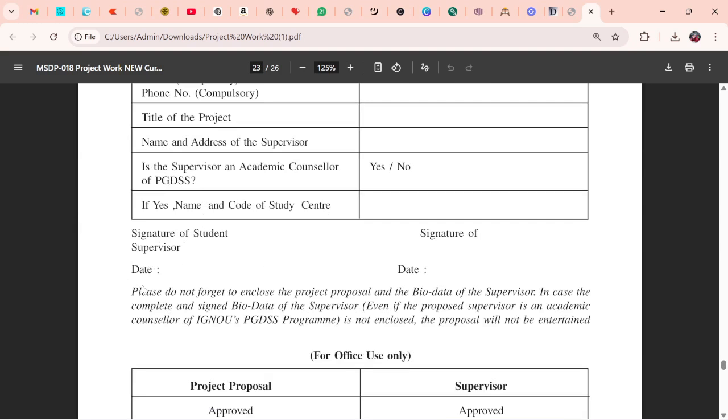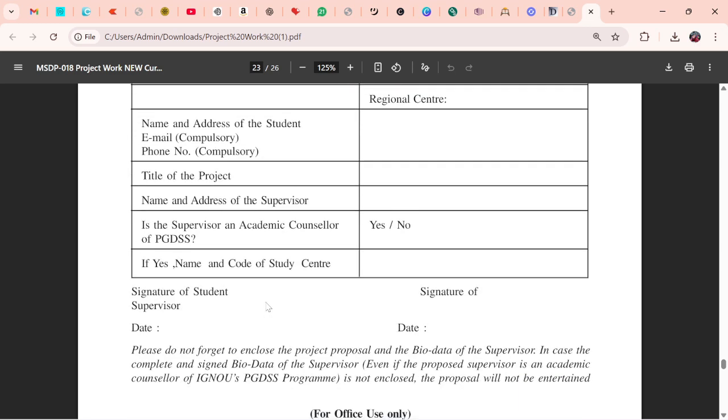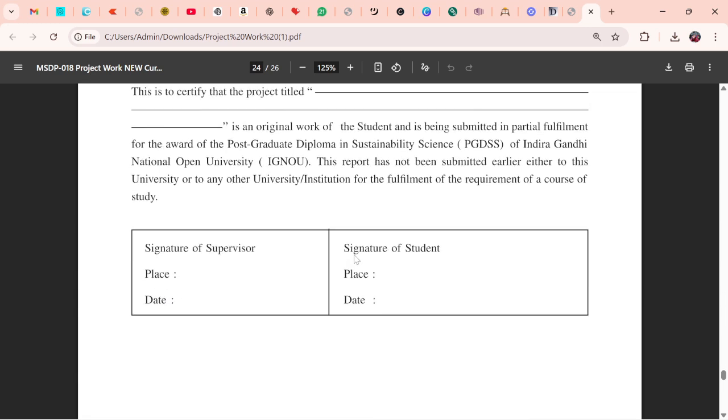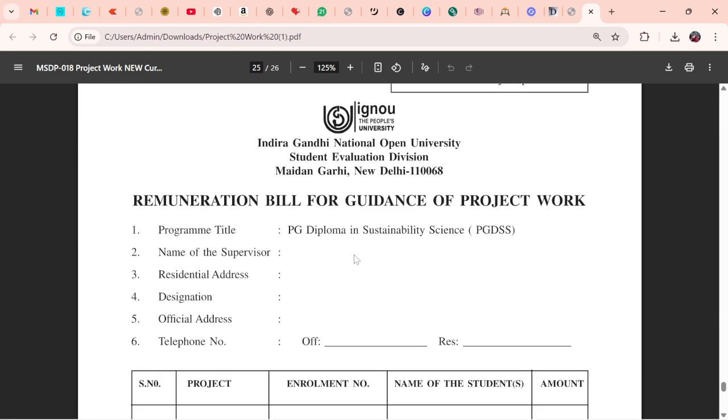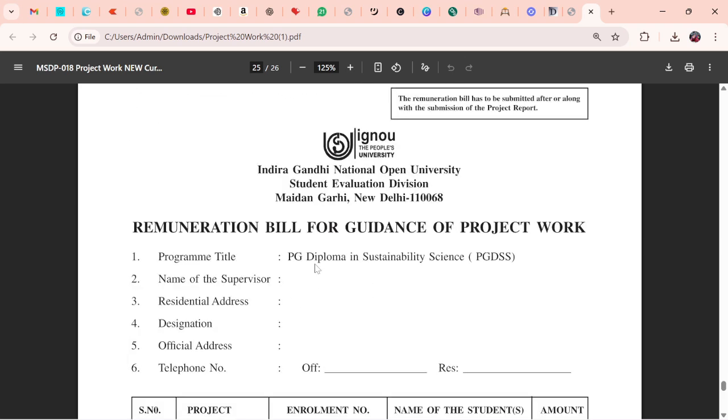Okay, and this is the proforma for approval of project proposal. While submitting your project proposal, you have to add this proforma along with your project proposal. Okay, and then the certificate of originality, this has to be attached with your project report. Okay, and this is the remuneration bill for guidance of your project report. You can fill it.